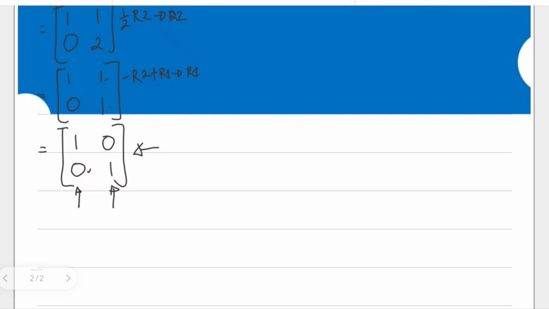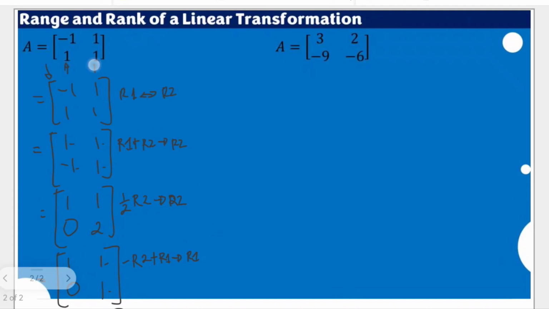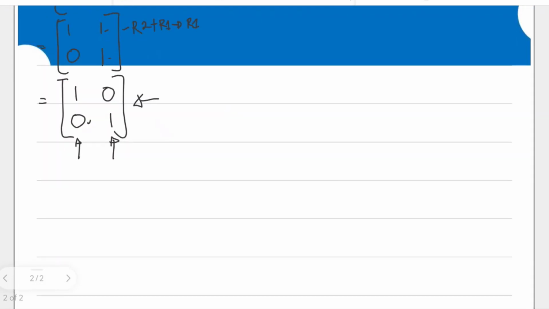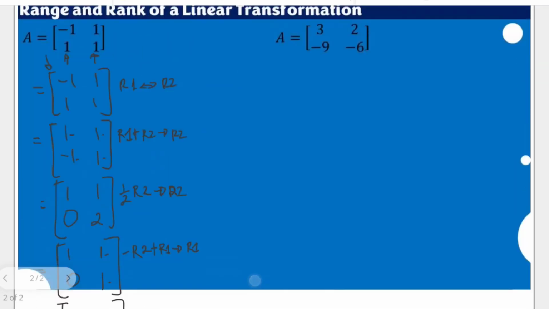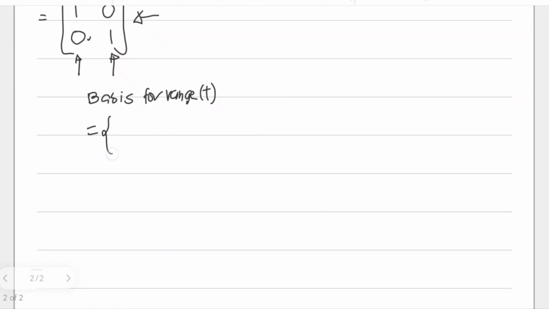In short, going back to our initial matrix, both of these columns here, when formed as vectors, comprise the column space of A. And that said column space of A is the basis of the range of T. In short, the basis for the range of T for our first matrix are both columns here containing -1, 1, and 1, 1, written in this manner: a set containing the vectors -1, 1 and 1, 1.